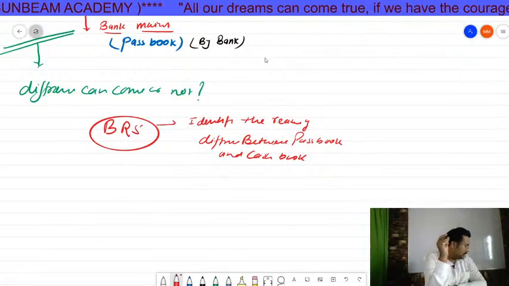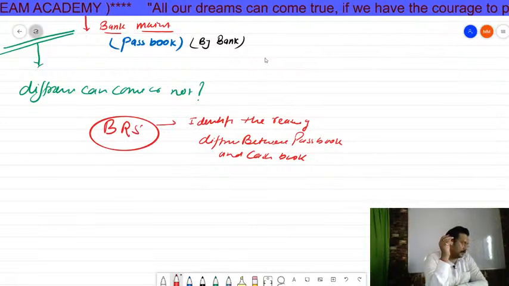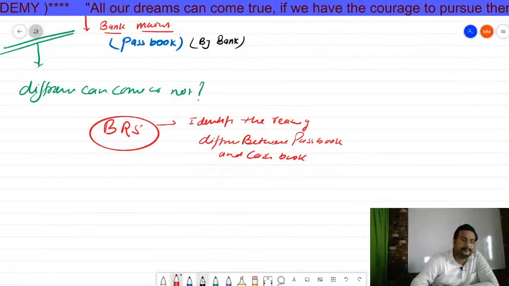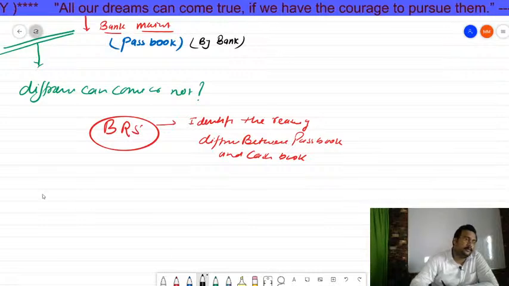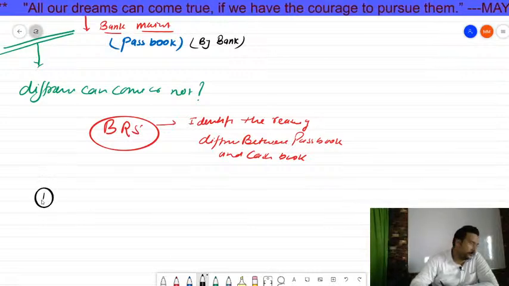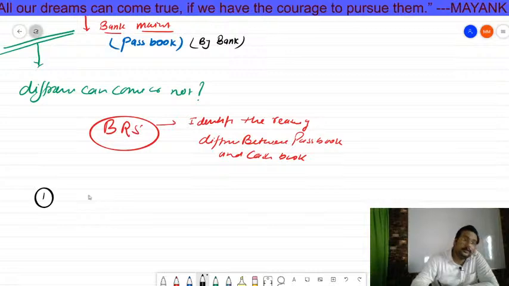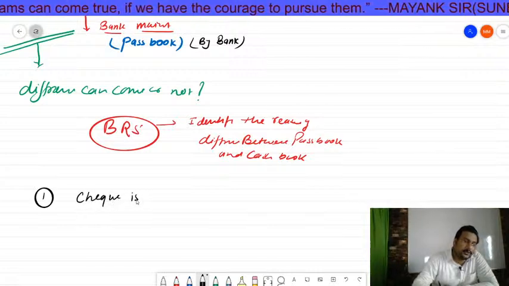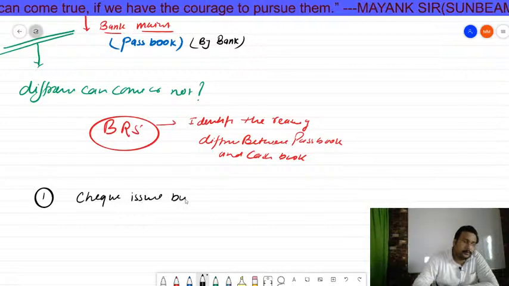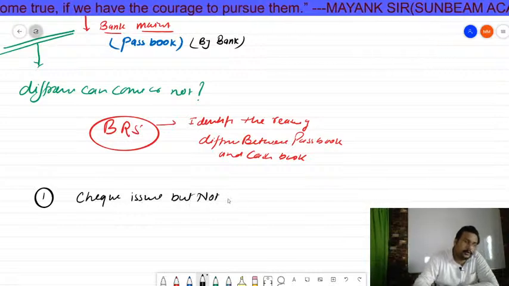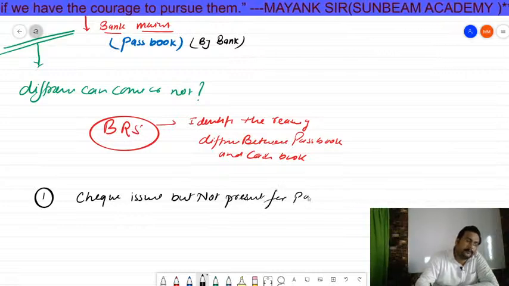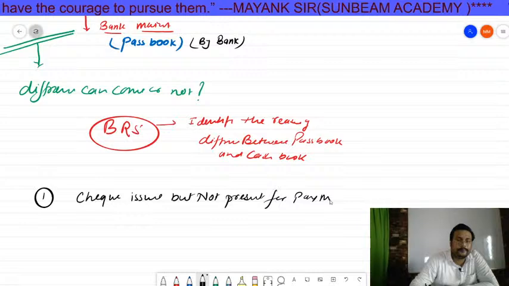Number 1, check issued but not presented for payment.